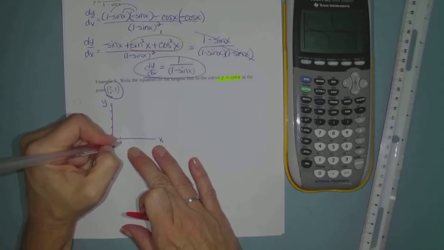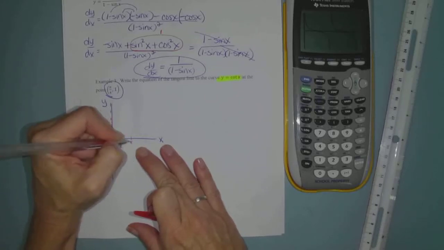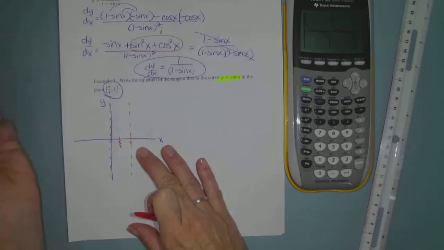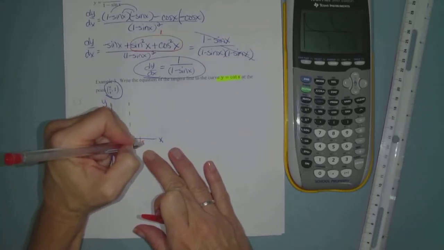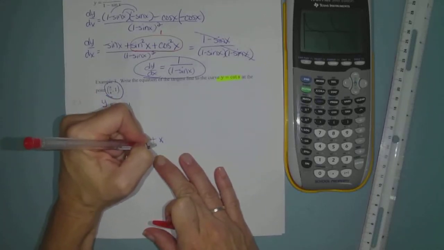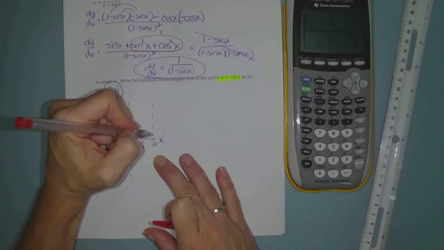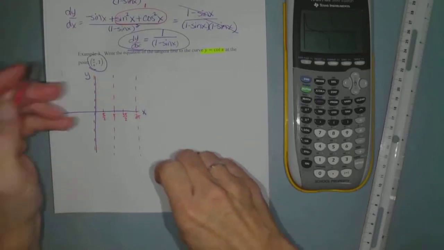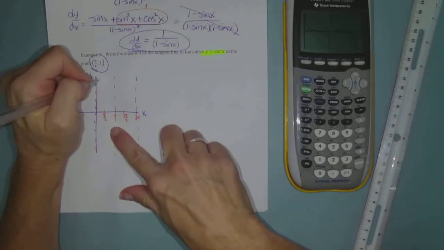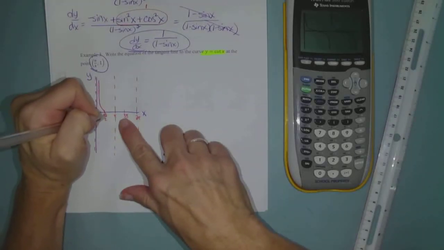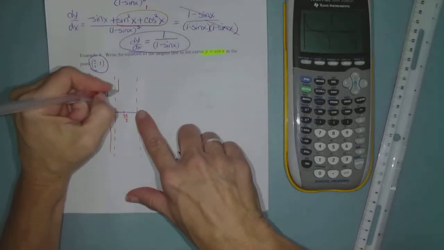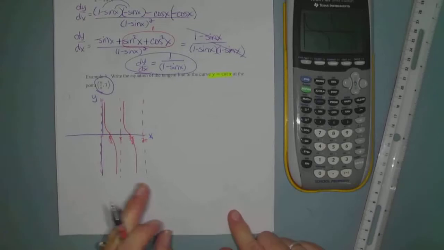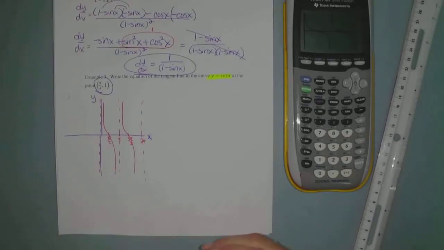Then pi over 2, and then pi, vertical asymptote, and then 3 pi over 2, and then 2 pi is going to have a vertical asymptote. In between, we've got these curves that repeat themselves, coming down, down, and so forth. So this is my graph of a few cycles of cotangent x.